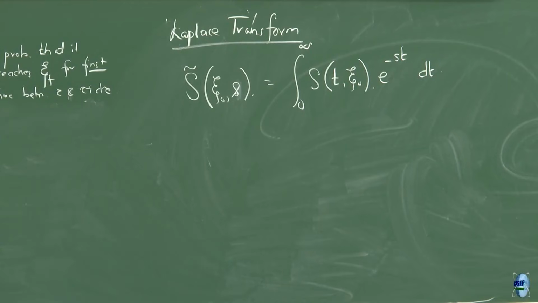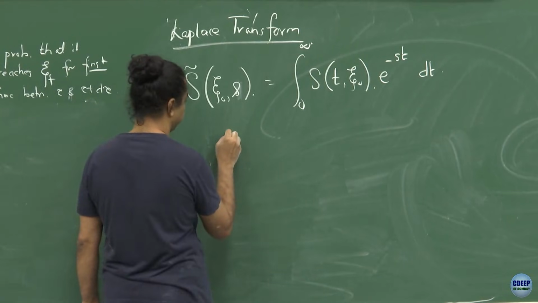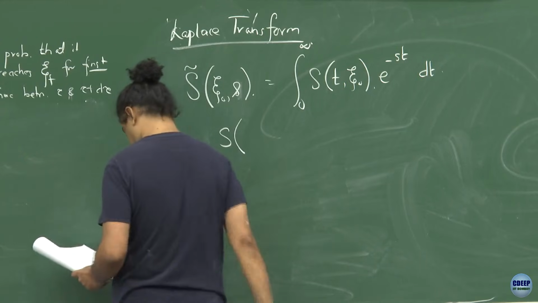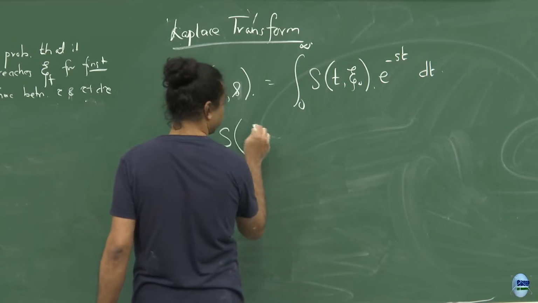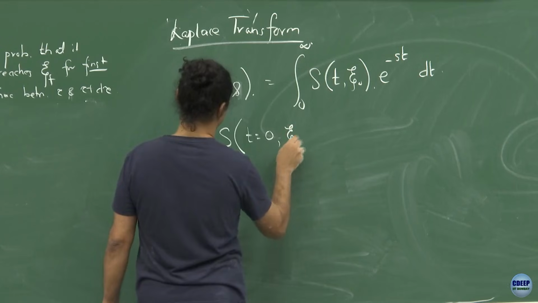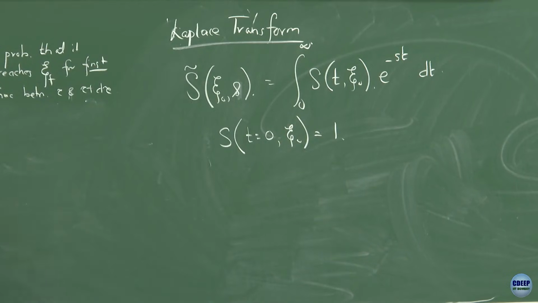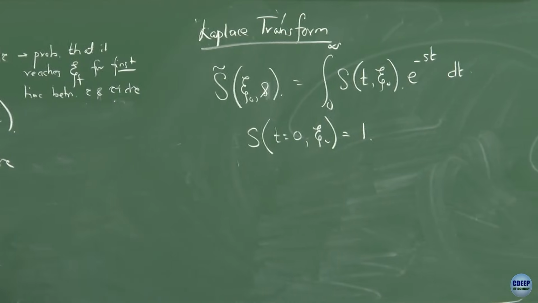This is my Laplace transform of the survival probability, and I have my initial condition: the survival probability at t equal to 0 having started from this state is equal to 1. Started from this state, at time 0 I am definitely to have survived. So that is my initial condition.